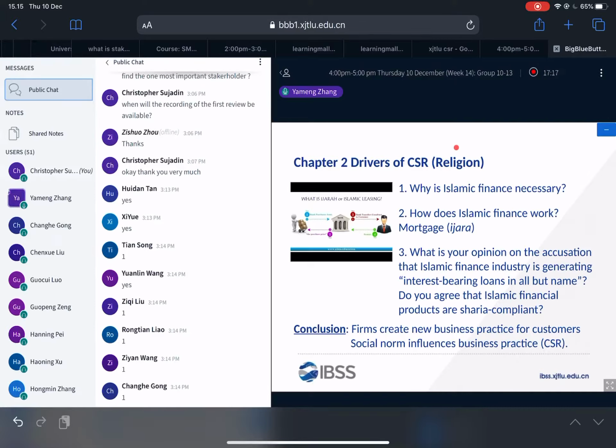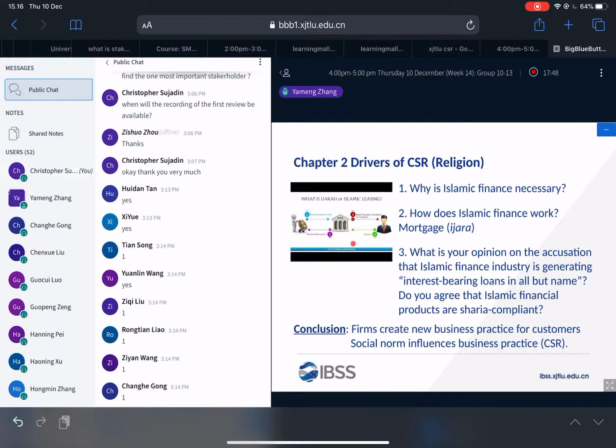So how do banks work in the Islamic world? We can notice that Islamic banks create a new business practice. For example, if their customers want money to buy a house, instead of directly lending money to the customers, the bank just buys the house and gets the rent every month from the customers to get the profit feedback.